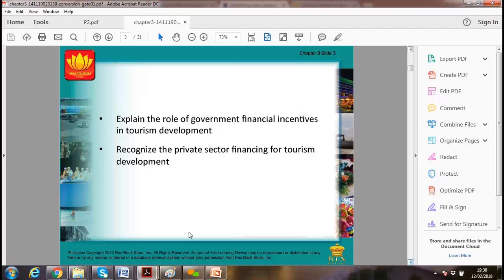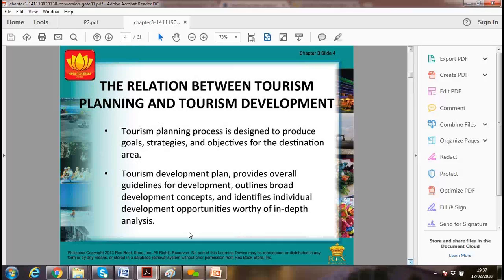If those are all happening, then of course that will help. When we are looking at the relationship between tourism planning and tourism development, because when we look at business management, the planning is quite crucial, and we're looking at the development side of it.